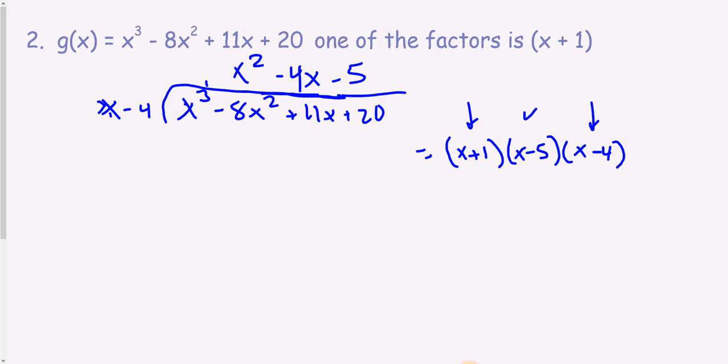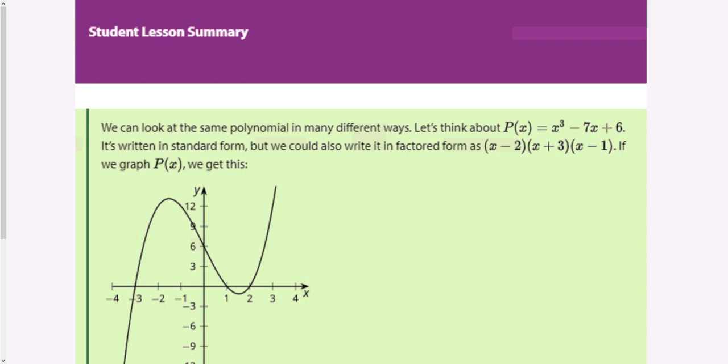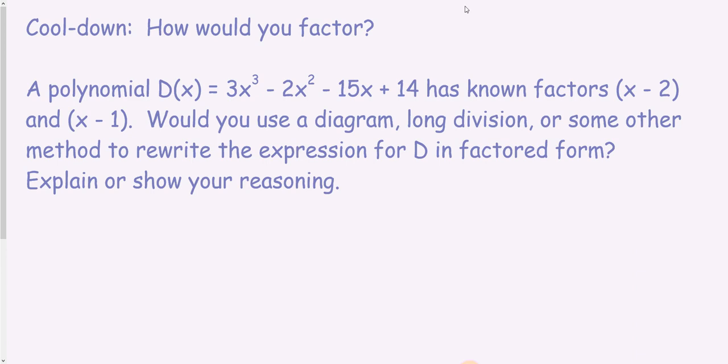Knowing that, let's go back to this one. A polynomial has known factors x minus 2 and x minus 1. So if I were to divide out, pick one, right? And I divide out x minus 2, I'd be left with a factor. So let's say I did that.